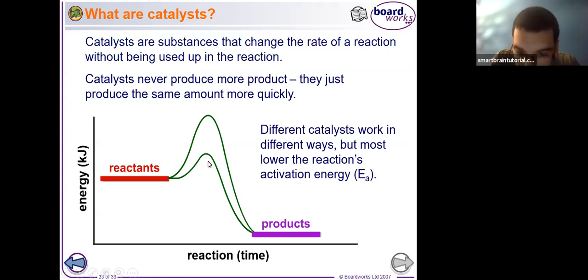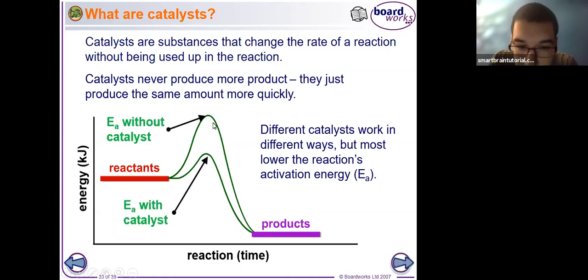But here we have two curves. The first one with the largest difference of energy is the activation energy without a catalyst, while the second one is the activation energy when we use a catalyst.